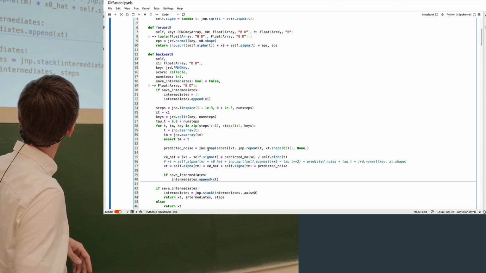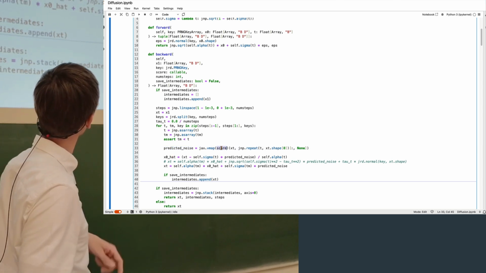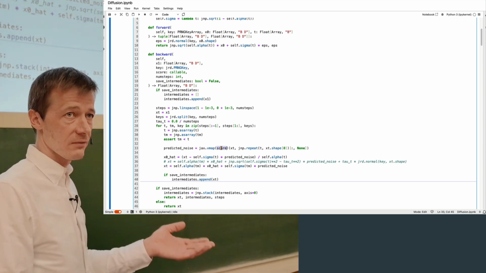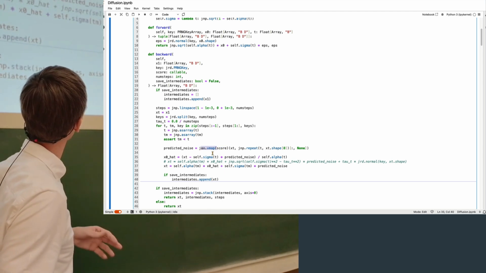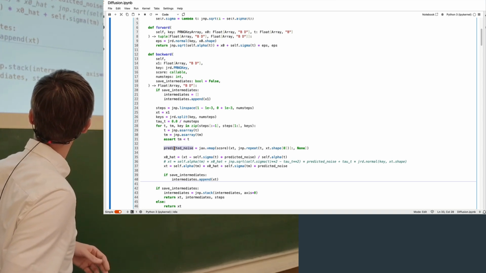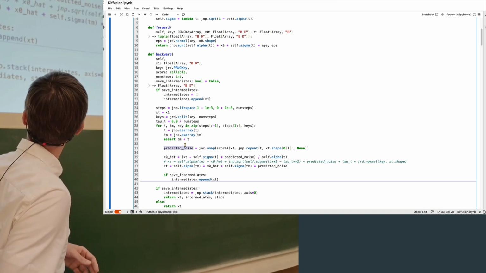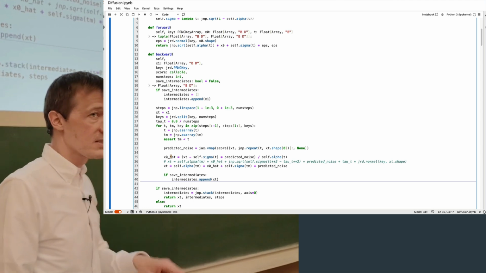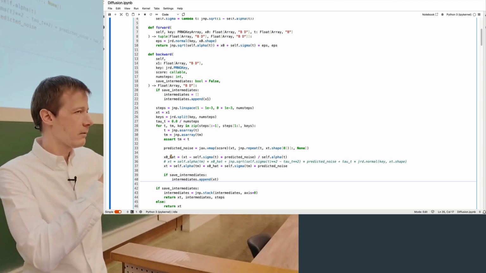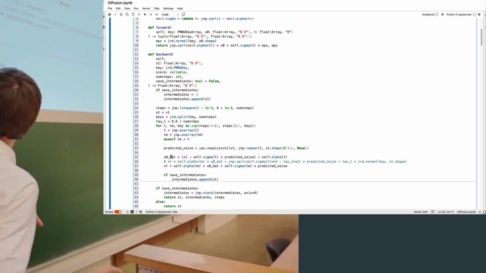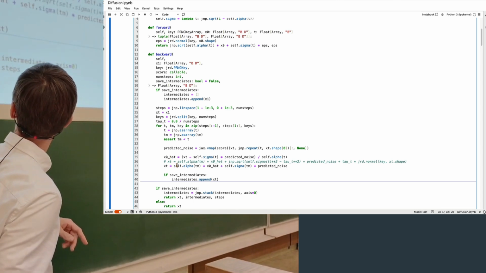So here we evaluate our model. This score is this neural network that will tell us what the direction is. That's our estimated noise. Then we can use the estimated noise to estimate what x0 might have been at time t. That's our pointer backwards towards x0. And then we evaluate this equation that was on the slide.